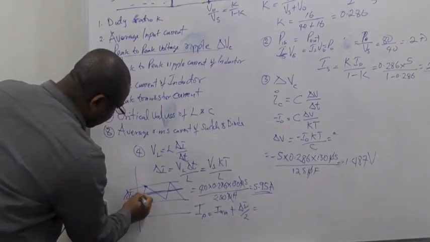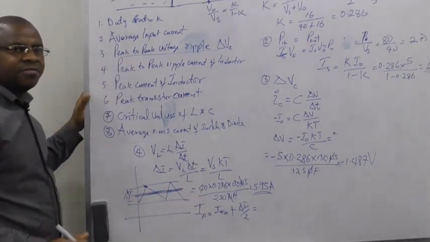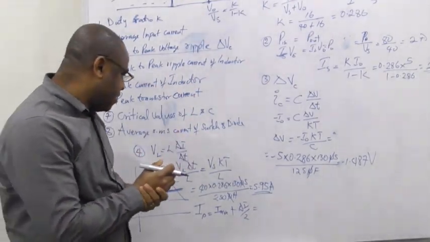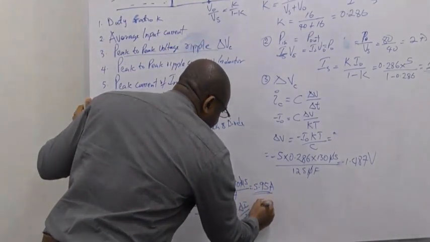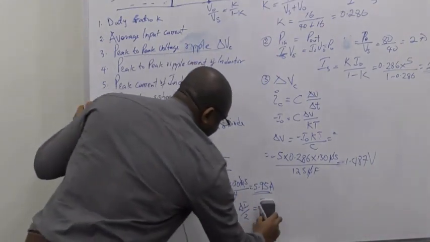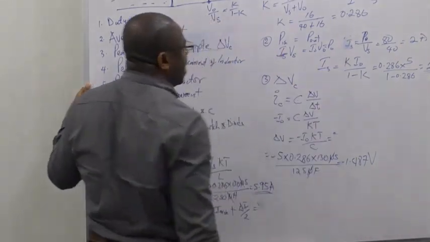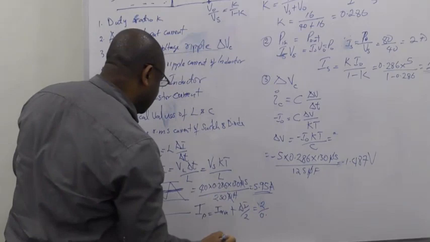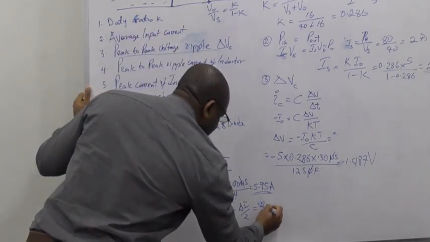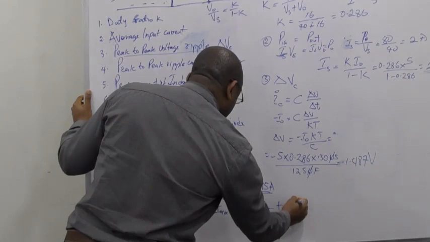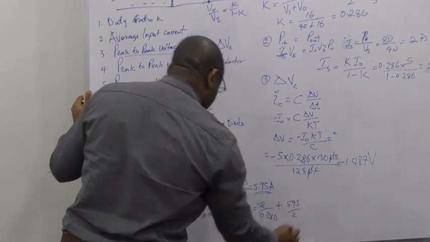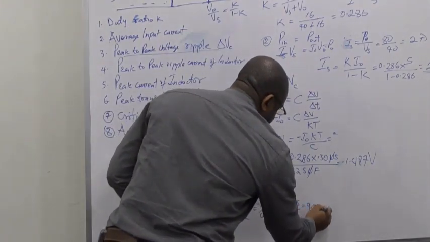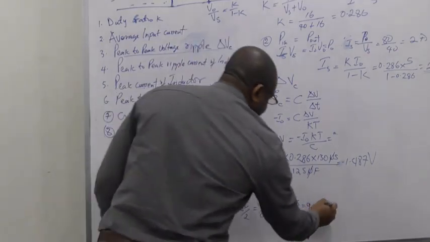And we know what the average current is here. Average current, we said, is I in divided by K. So I in is our IS, which is 2. Now 2 divided by 0.286 plus 5.95 over 2, which gives 9.968 amps.